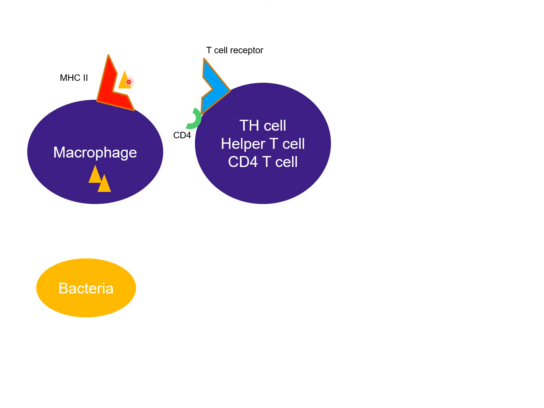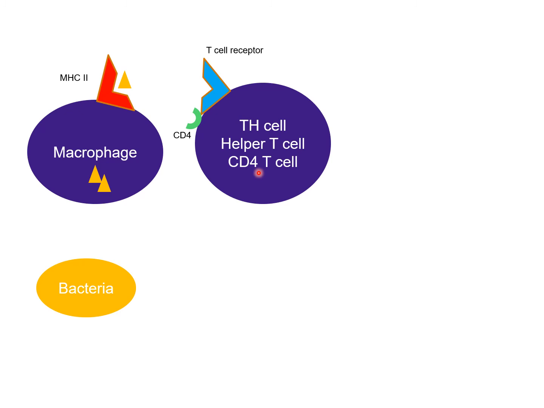Now, who is it going to be presenting it to? The macrophage is going to be presenting that piece of bacteria antigen to one of your T cells. Which T cell? That would be the Th cell, or we refer to it as the helper T cell.